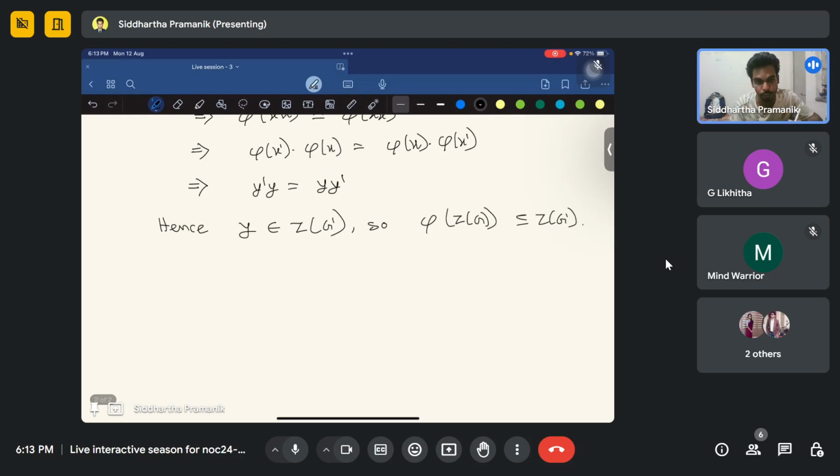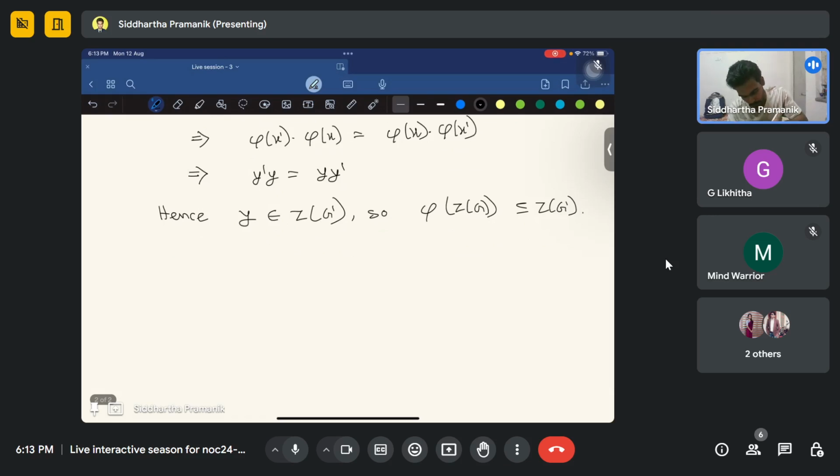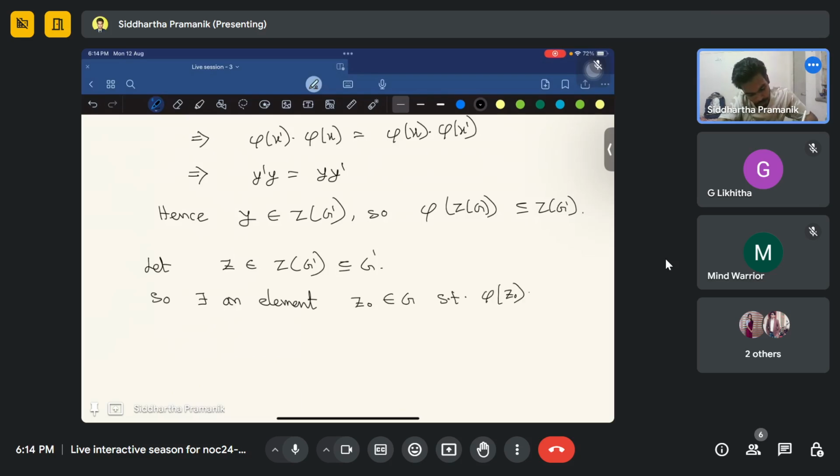So let's try to prove the other inclusion. Now let z belong to Z(G prime). So this is a subset of G prime. So there exists an element, let's say z naught belongs to G, such that phi of z naught is equal to z.